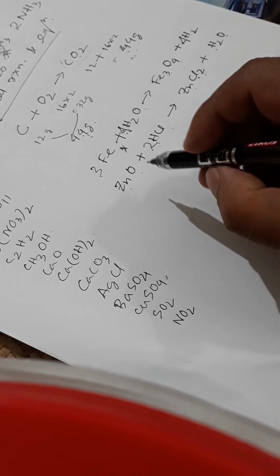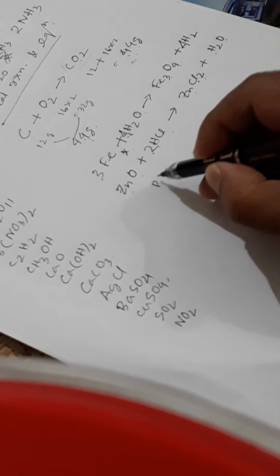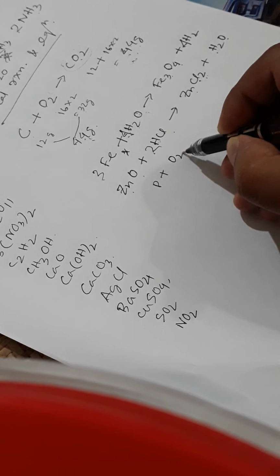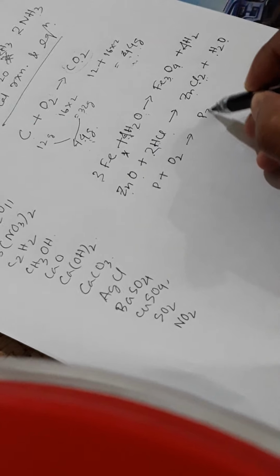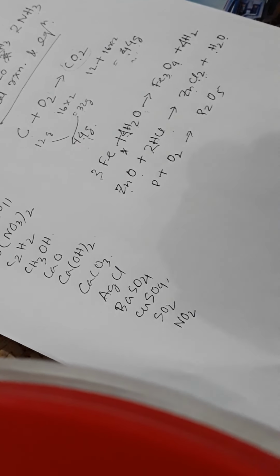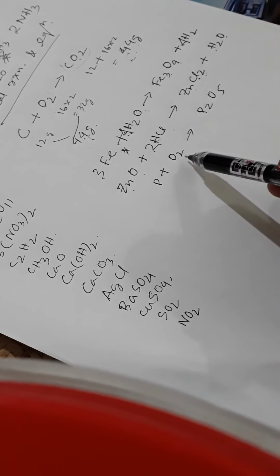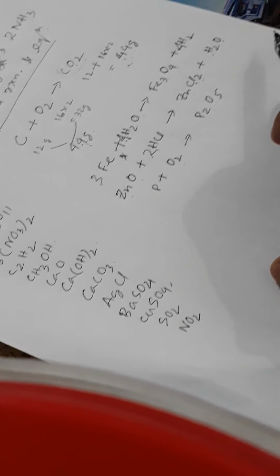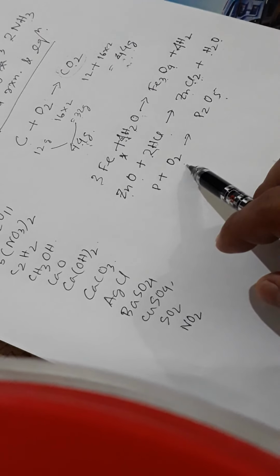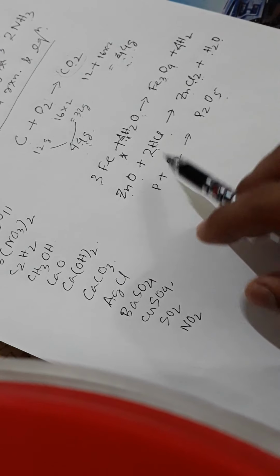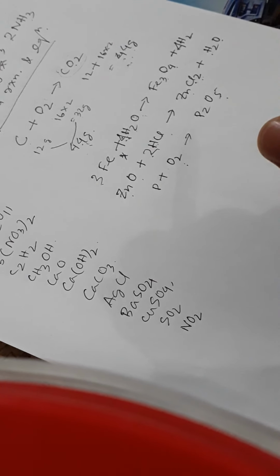Now another equation, P plus O2 gives P2O5. You have to balance it. How? Very easy. Just see which number is maximum. 5 is maximum. Here oxygen is 2, here it is 5. So one number is odd, one number is even. You cannot make 5 over here. So what will you do?